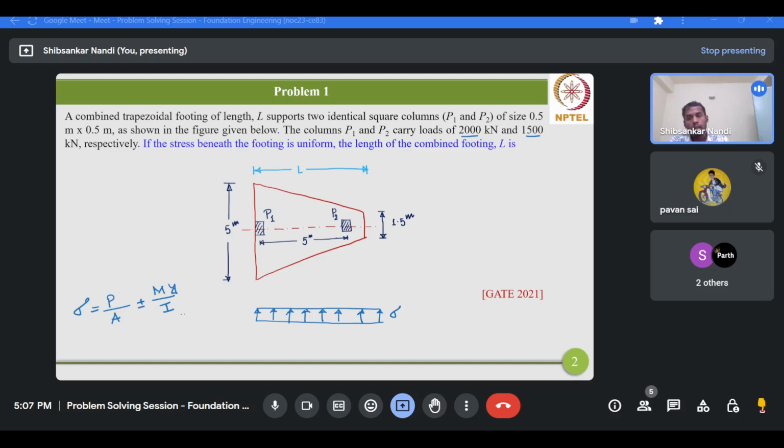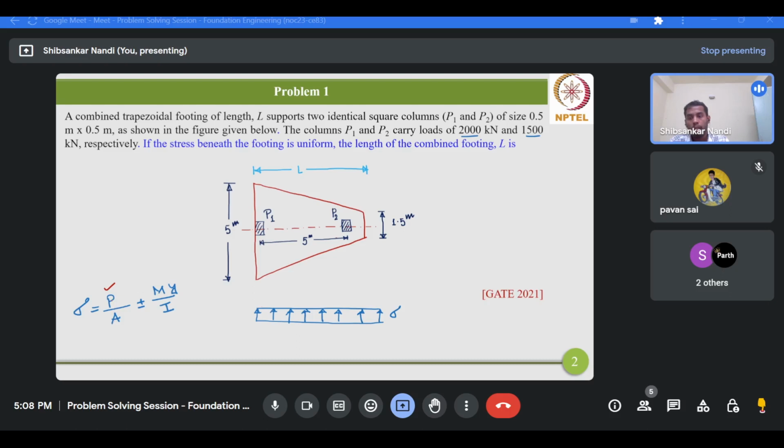Now please remember that to get a uniform distribution of stress beneath the foundation, we have to have just only the first component, that is P by A. P is the axial load which is exerted on the footing, and A is the cross-sectional area of the footing.